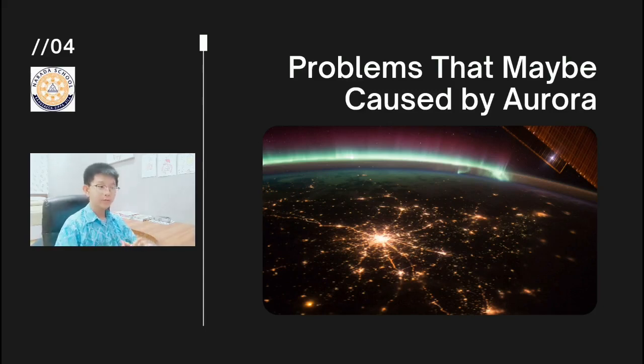One of the problems is that it can cause every layer of the Earth's magnetosphere to collapse. And the most dangerous problem it can cause is to burn the whole planet. The whole Earth can be burned by this really big solar wind.